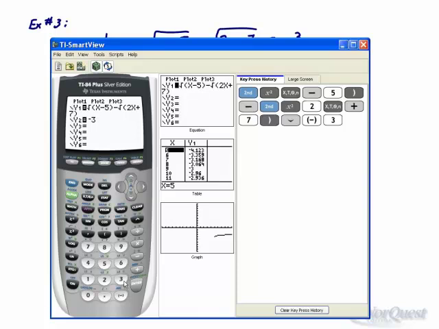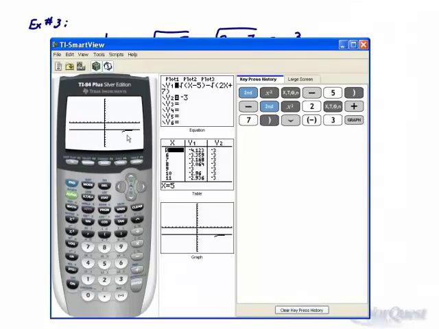So we're going to look for where these graphs cross, and that is going to be the solution. We may have to adjust our window settings, but let's check it out first and see if we can see where these graphs cross. It looks like the graph was starting at the bottom right corner, and then I could see my horizontal line, y equals negative 3. I want to get a better picture of this, so I'm going to get rid of all that dead space at the top and left, and adjust my window.